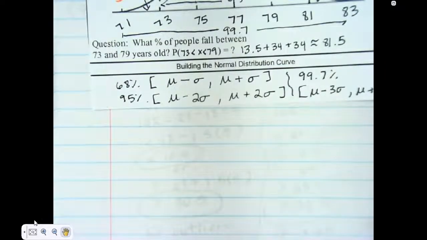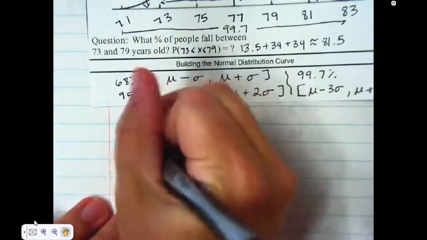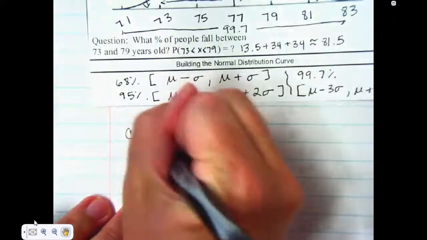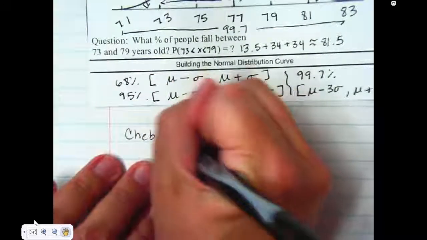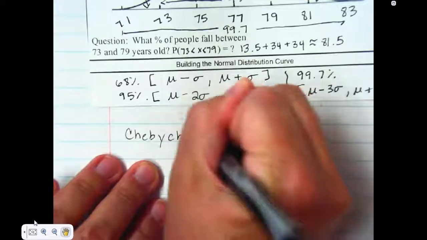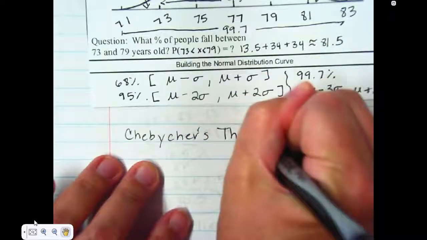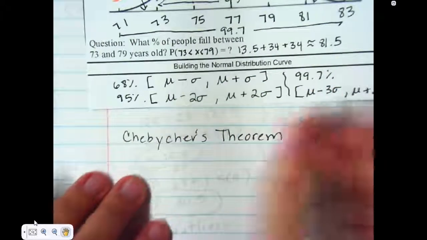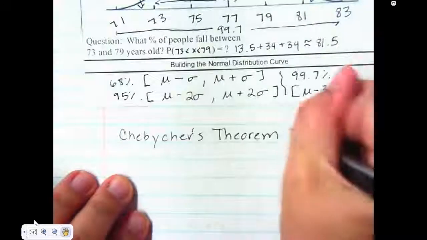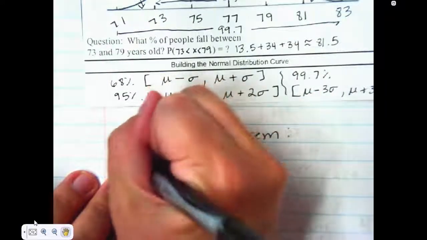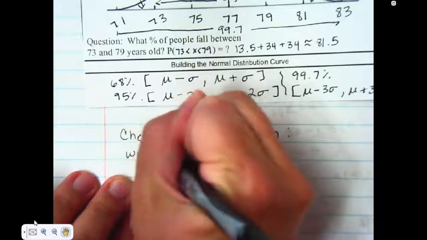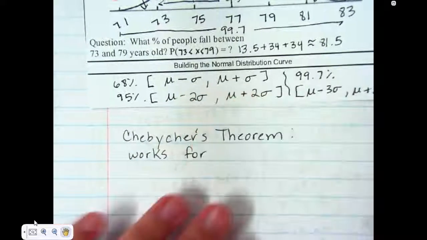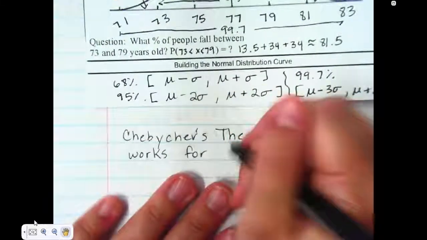Now, before we go on, we need to talk about Chebychev's theorem. Chebychev's theorem works for all data. So you don't have to know that it's approximately normal.